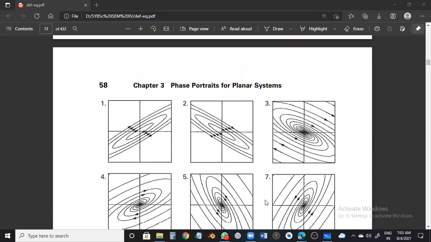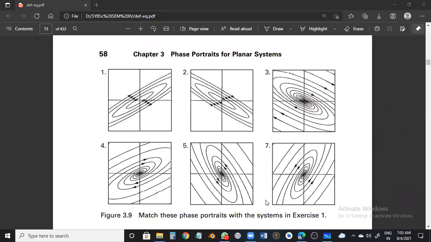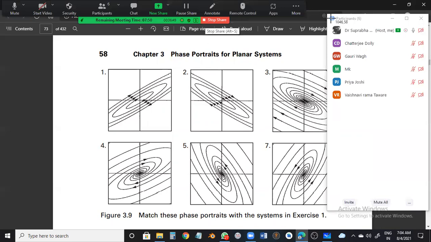Okay, so you can watch here the answers to the questions given there. The very first was simply circular because it was purely imaginary. So there you find the circles. Second also you find the circles. Third one, you are watching a spiral one. They are all spirally arranged.